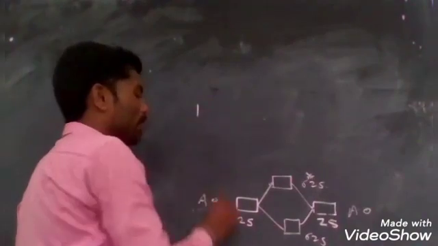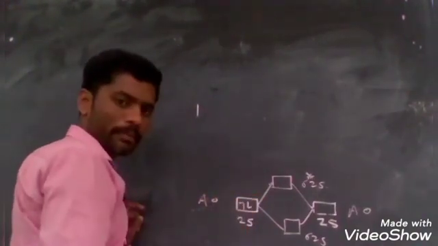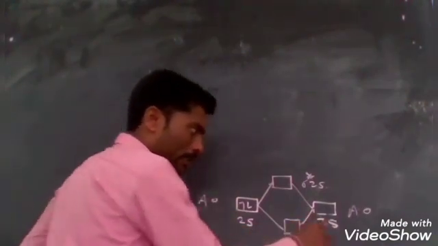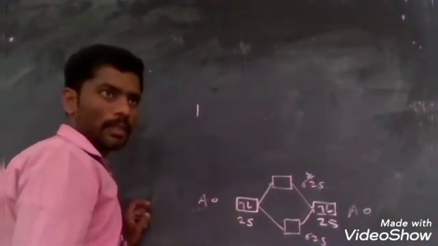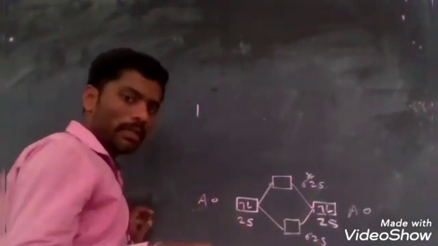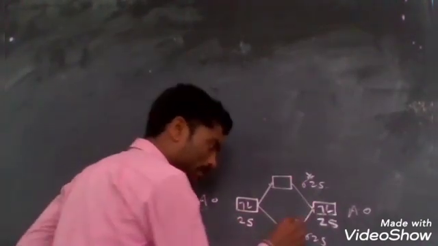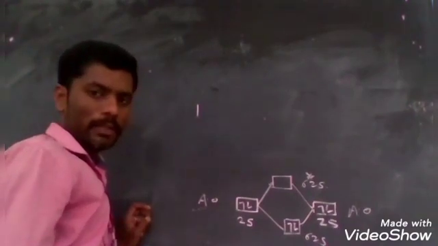Then this 2s atomic orbital contains 2 electrons. Another 2s atomic orbital also contains 2 electrons. Out of these 4 electrons, the first 2 electrons enter into the sigma 2s molecular orbital.